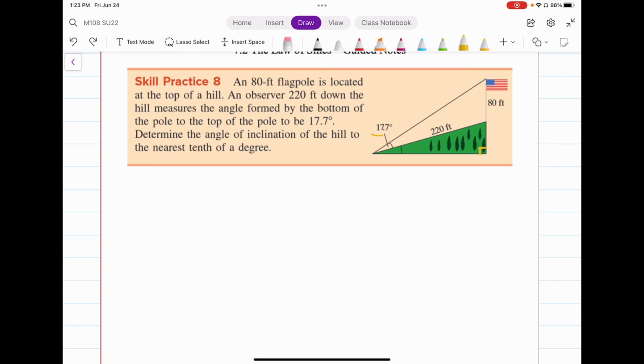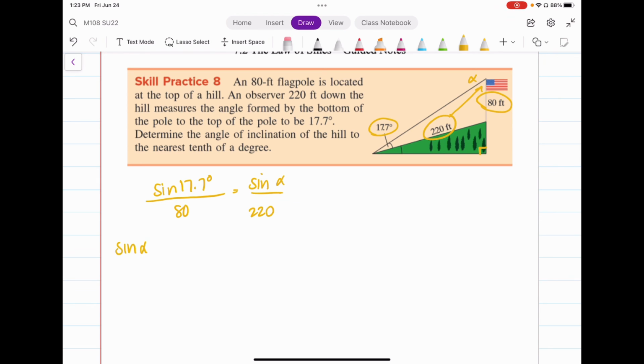I am given an angle measure and the corresponding opposite side. I'm given a side, and I can find the corresponding opposite angle, which will then help me solve the larger triangle. So I can say that the sine of 17.7 degrees over 80 is equal to the sine of some angle, I'm going to call it alpha, over 220.